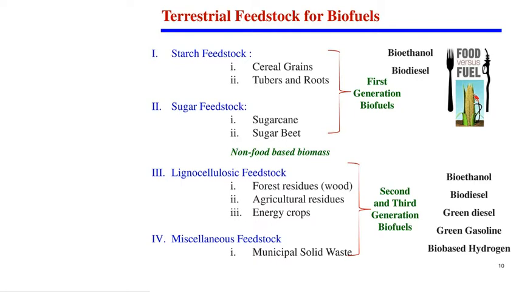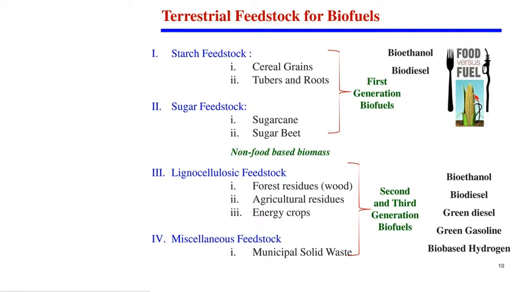Examples can be wheatgrass and jatropha, crops which you dedicate just for energy use. These crops have fast productivity, or they grow faster, so you harvest them, use them for energy, and grow them again. So that's a kind of sustainable system.